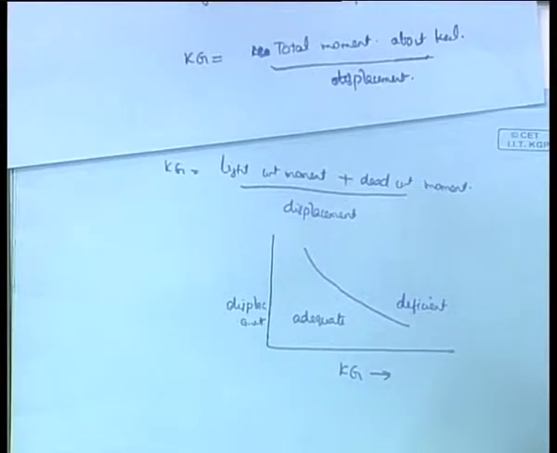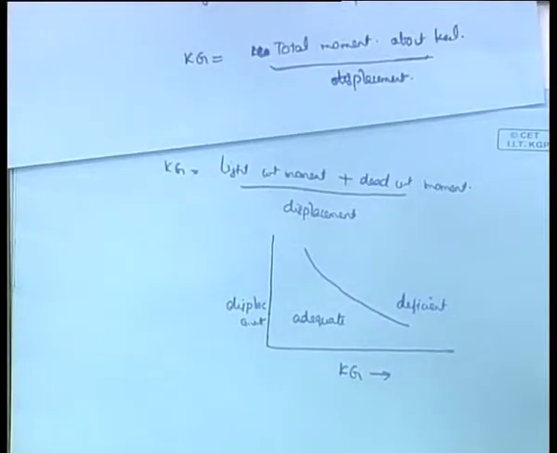You might see a graph like this in the initial design stages, when you are checking whether the ship is stable or unstable, which says adequate or deficient. All those KGs which are below are safe, beyond that line it is dangerous.